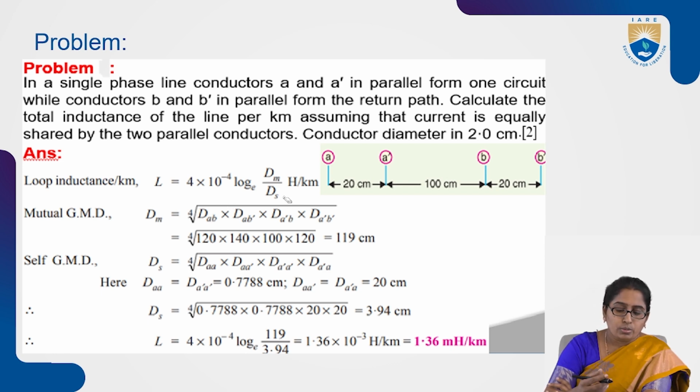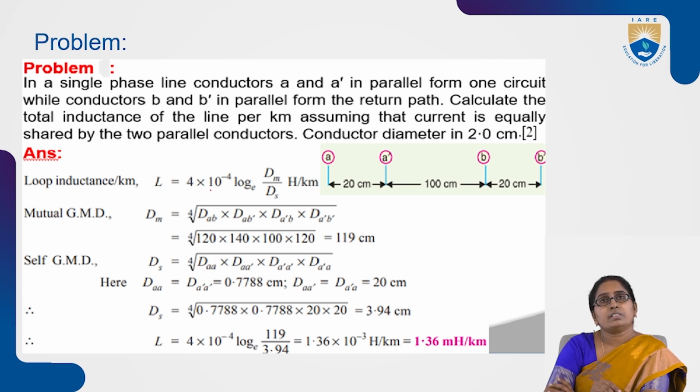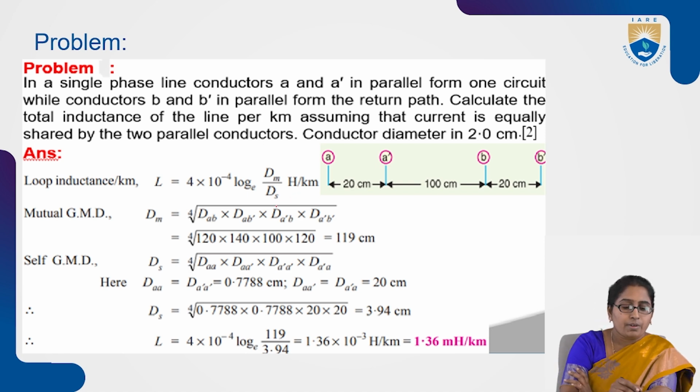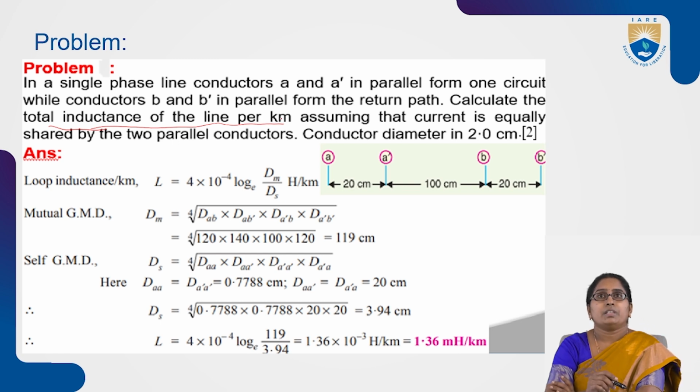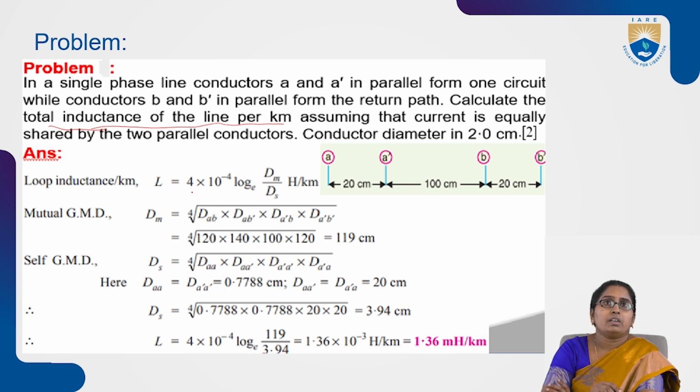Here the conductor phase has two conductors, A and A dash, so it is a composite conductor. Minus 7 becomes minus 4 because the units are henries per kilometer, since they have asked for the inductance per kilometer. That's why the expression is 4 into 10 power minus 4 henries per kilometer.